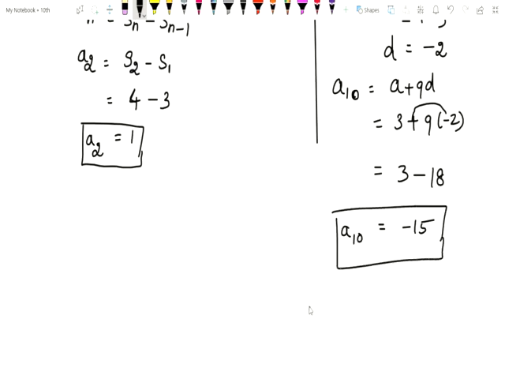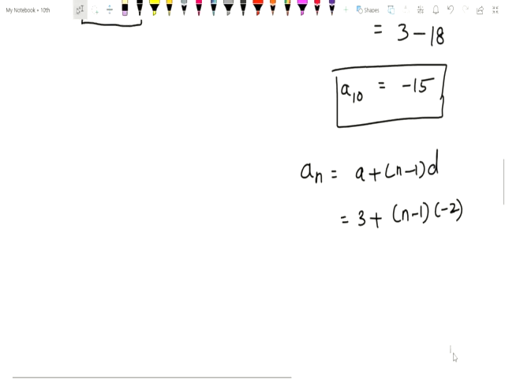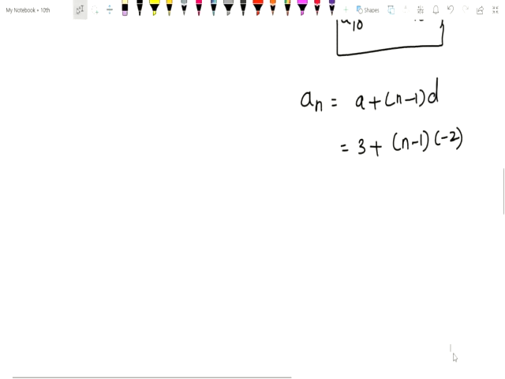Next we are going to find the nth term. So An equal to A plus n minus 1 into D. Here you substitute the A value 3 plus n minus 1 into, what is the D value? Minus 2. So 3 plus, multiply this, minus 2 into n, minus 2n, minus 1 into minus 2, plus 2.